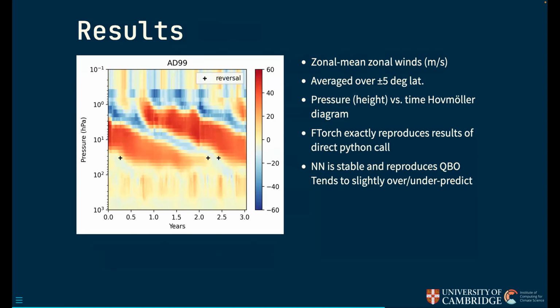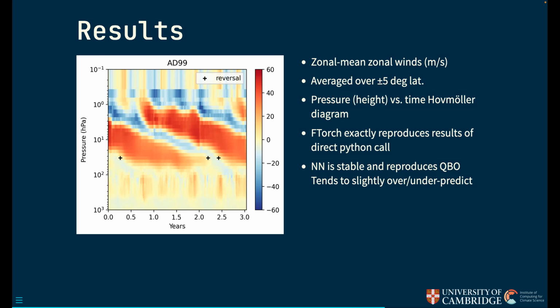So the results were that it was indeed possible to emulate, and it was possible for a model to run for multiple years in a stable sense. Here are the zonally averaged winds around the equator, showing the quasi-biennial oscillation.